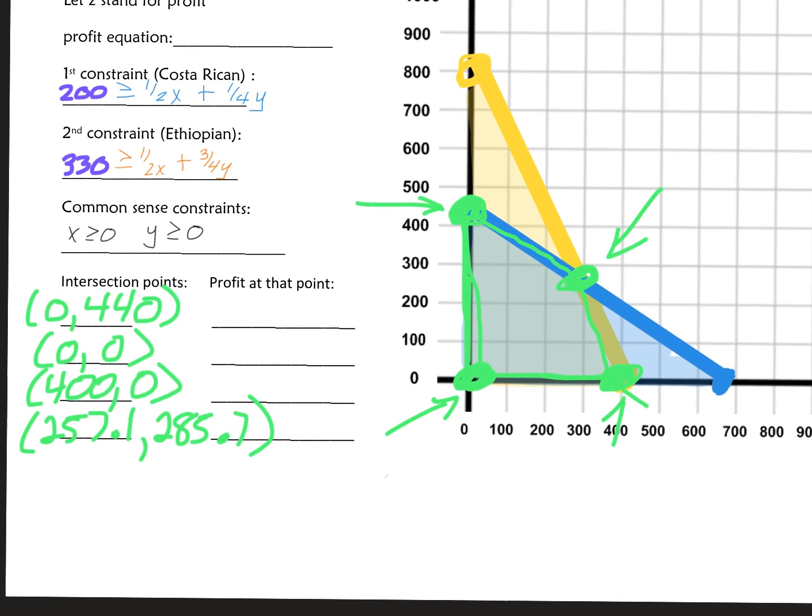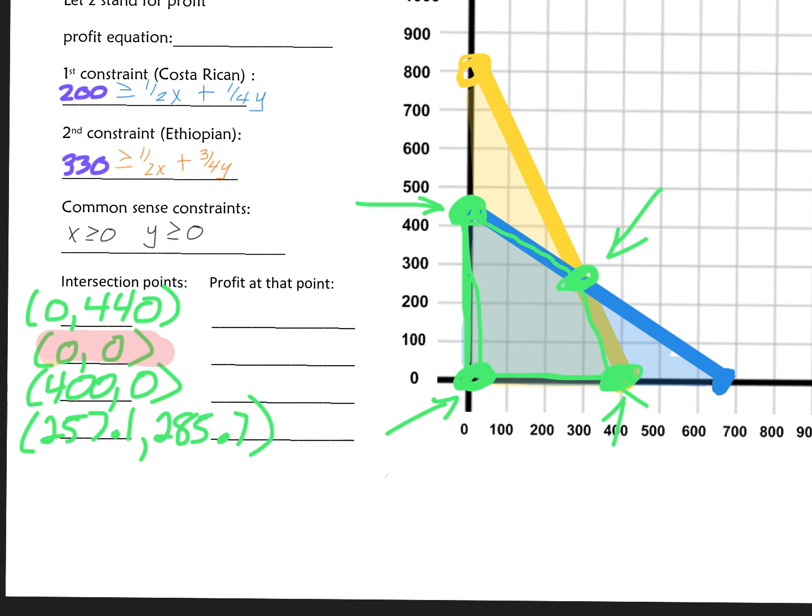So how do I figure out which one? Now, common sense is probably going to tell you this one is obviously not going to be the answer, because if you don't sell any coffee at all, or you don't prepare any, obviously you're not going to make any money. But what about these other 3? How do we figure out which of these possible combinations represents his maximum profit?